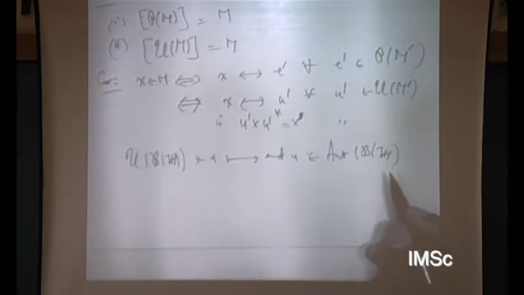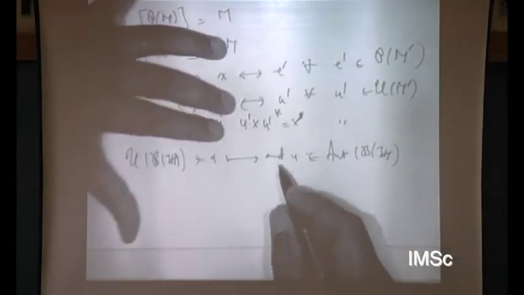That is, it preserves all the structure of B of H. B of H is a vector space, it has product structure, it has adjoint structure, it has various topologies. This thing preserves each of those things. It is a W star homomorphism. It is a product preserving map, it is a star preserving map, it is a one preserving map. Everything it preserves.